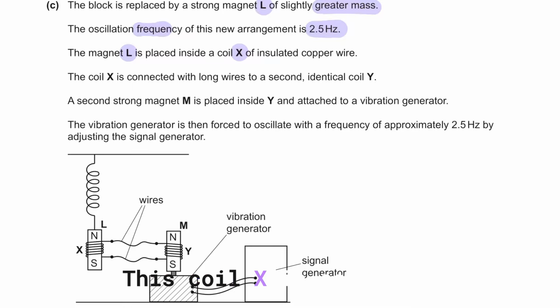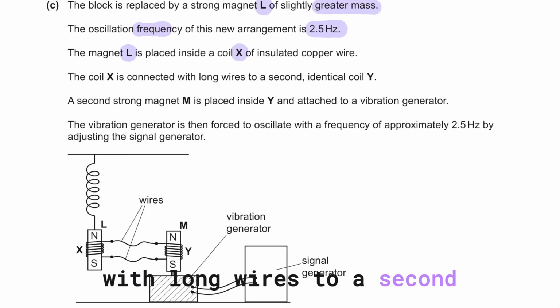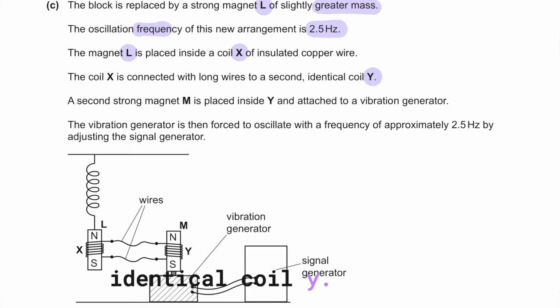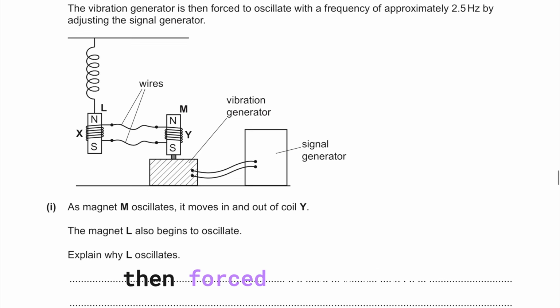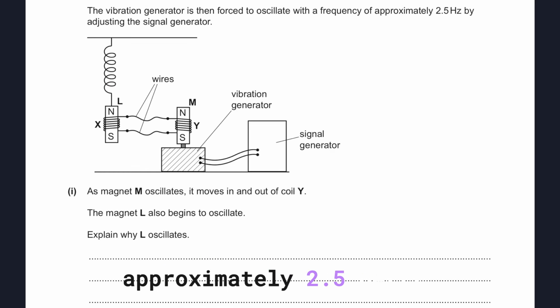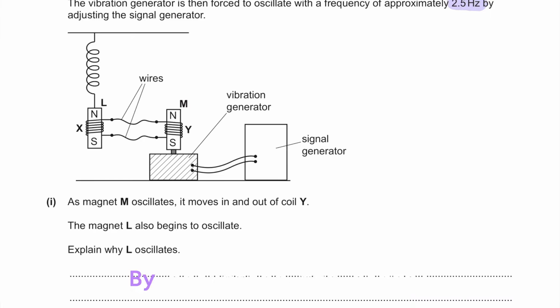This coil X is connected with long wires to a second identical coil Y. The second strong magnet M is placed inside Y and attached to a vibration generator. The vibration generator is then forced to oscillate with a frequency of approximately 2.5 hertz by adjusting the signal generator.